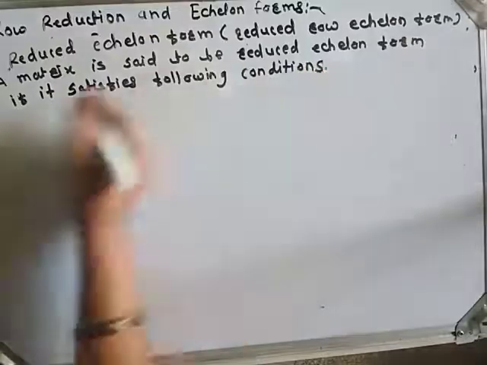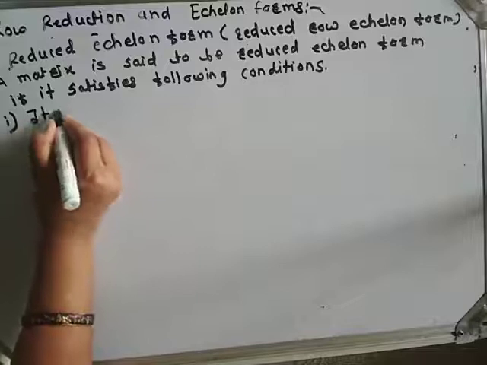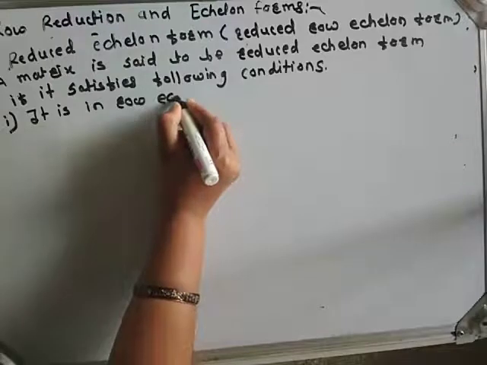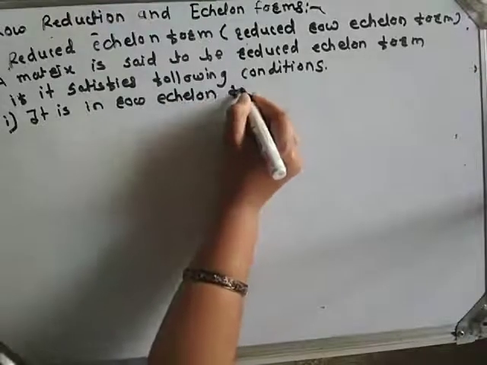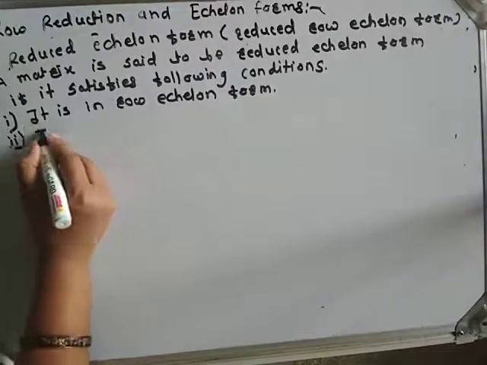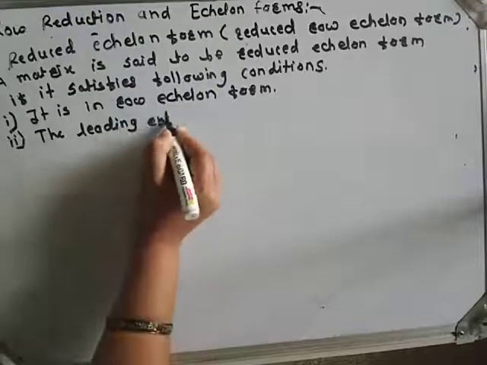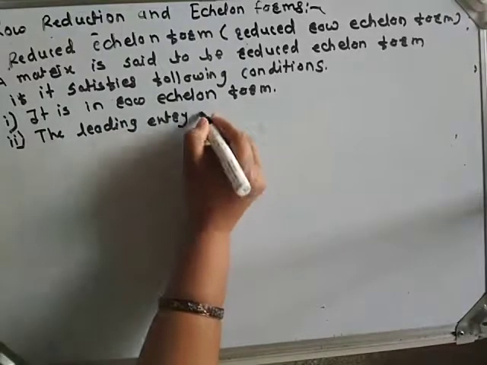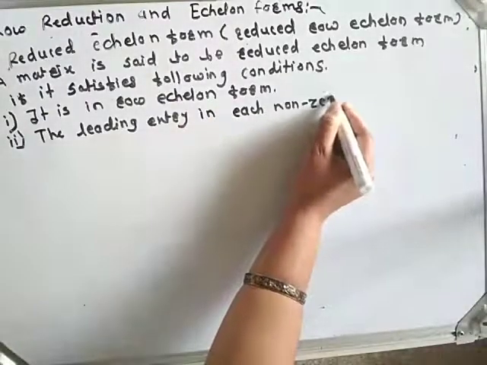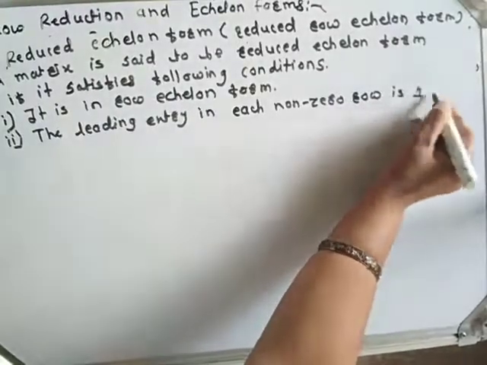First condition is it is in row echelon form. Second condition is the leading entry in each non-zero row is 1.